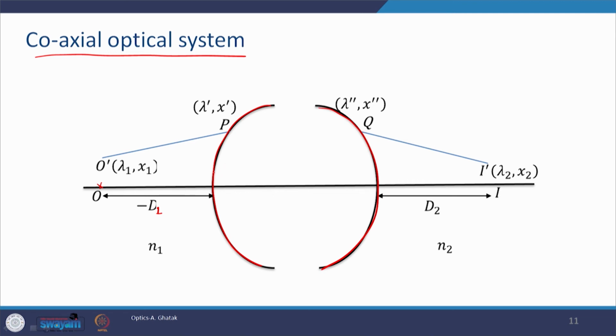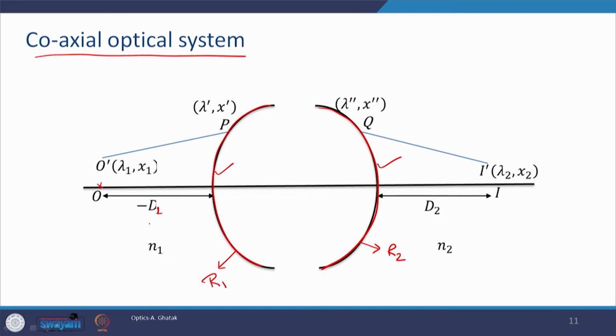This is the left refracting surface, this is the right refracting surface of the optical system, and suppose the radius of curvature of the left refracting surface is represented by R1 and the radius of curvature of the right refracting surface is represented by R2.